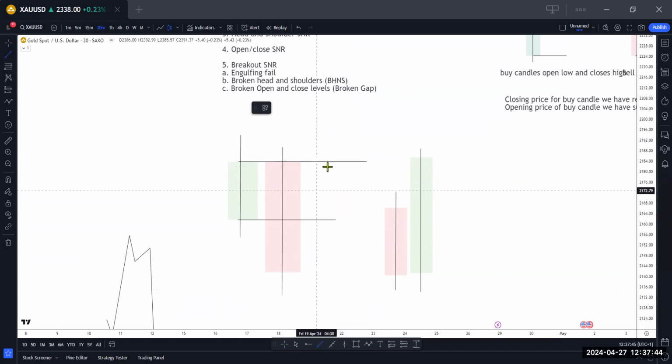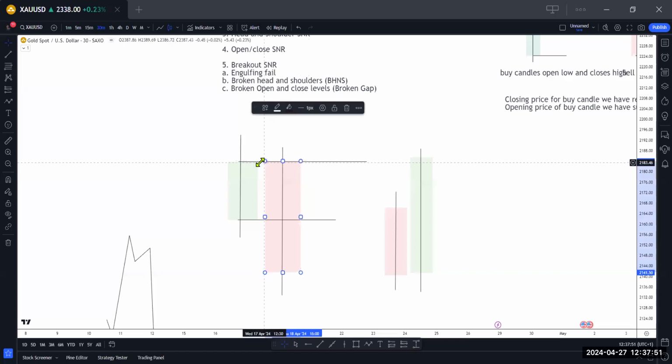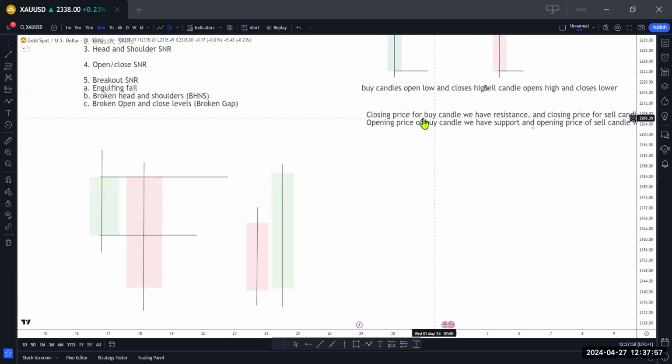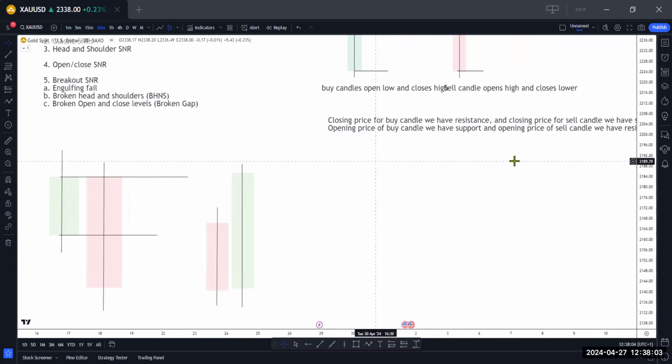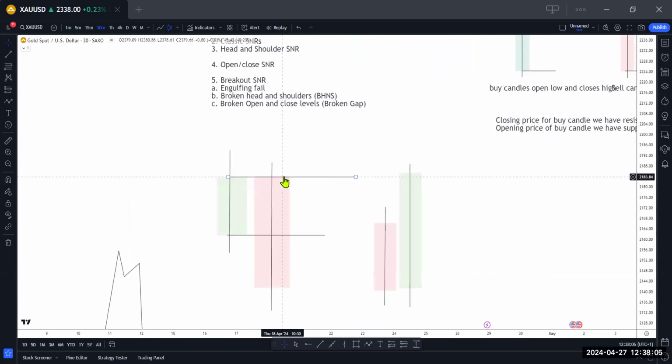Now, this same level that is now considered resistance in this regard. Remember, the closing price of a buy candle is resistance. The opening price of a sell candle is resistance, right? So the opening price of this sell candle is also resistance. So I'll put that again. That's SNR level 3, right?